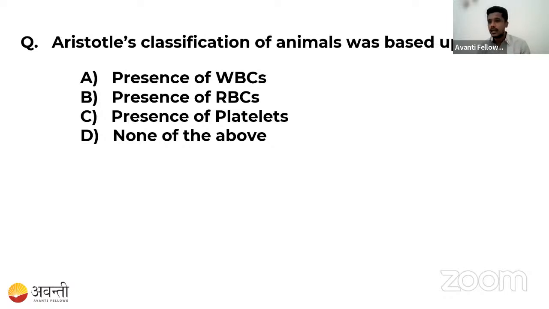When it comes to phylum, for example, we have chordata and non-chordata, right? So this is even bigger. But when it comes to kingdom, it is the broadest of the broadest categories.